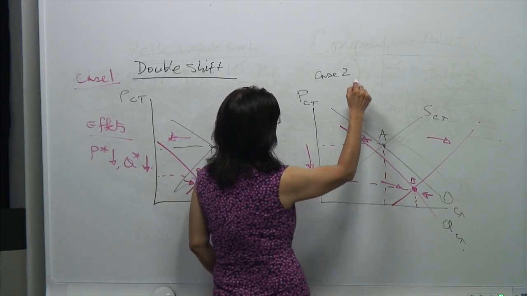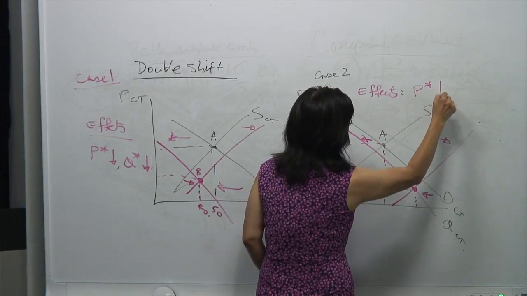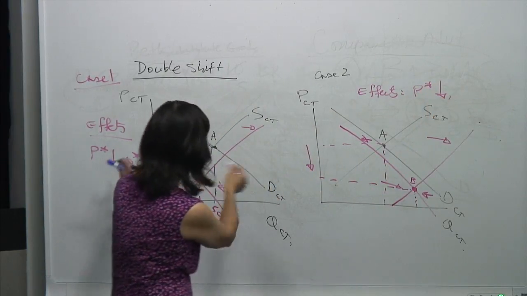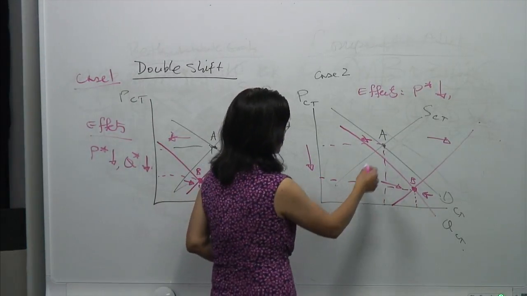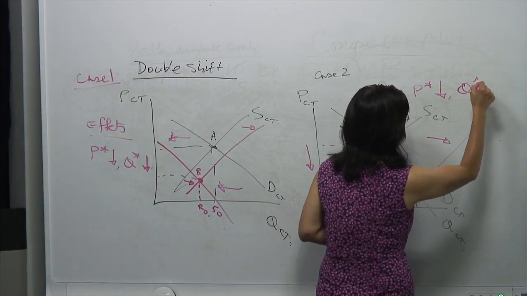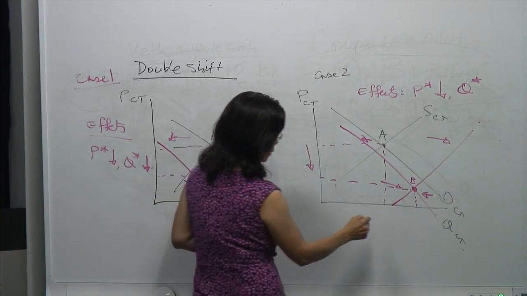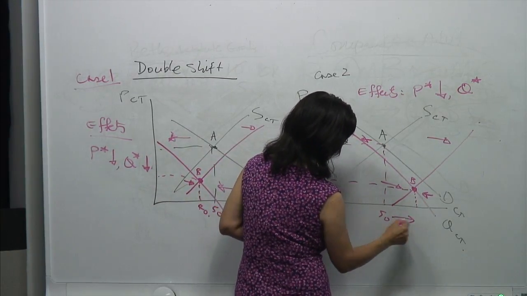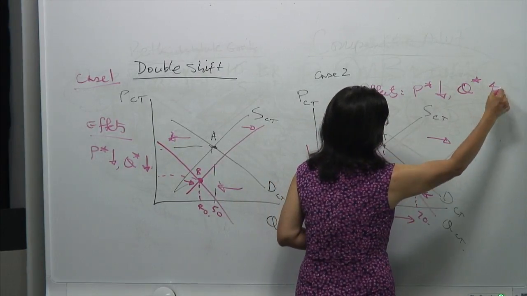So you can see that the equilibrium price definitely comes down in both cases. This one a lot more, but nevertheless the same direction. However, what about the equilibrium quantity? In this case, is it higher or lower? About 70. So this is higher.